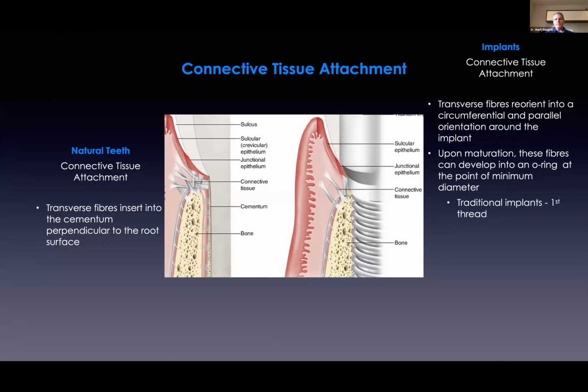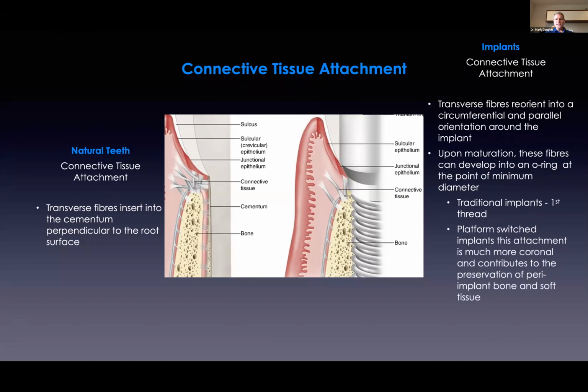In traditional implants, it happens at the first thread, whereas in platform switched implants, this attachment is much more coronal and it contributes to the preservation of peri-implant bone and soft tissue. It takes 4 to 6 weeks for maturation, and it's a much more fragile connection.